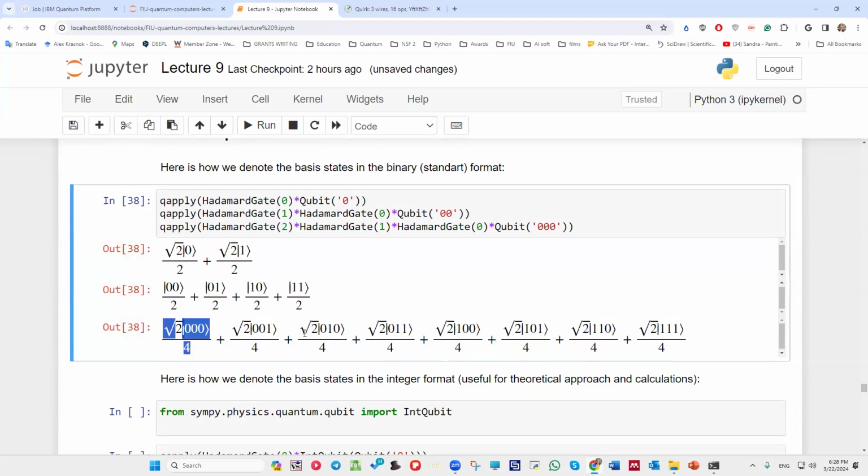For 3 qubits, this is 8 elements like this, and we have all possible basis states, 0, 0, 0, 0, 0, 1, and so on. So 8 of them. For a system of 100 qubits, we would get a line with 2 to the power of 100 terms, which is a huge number.